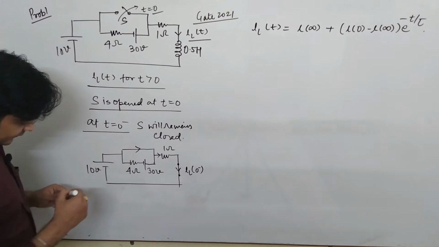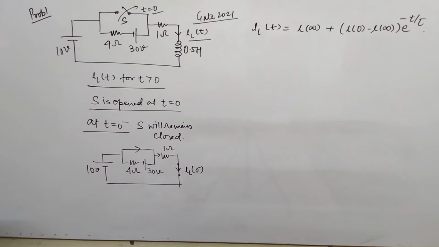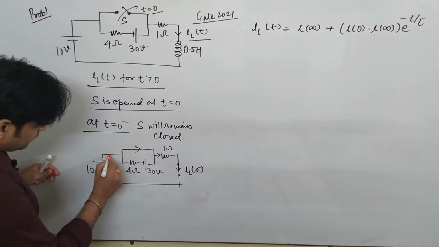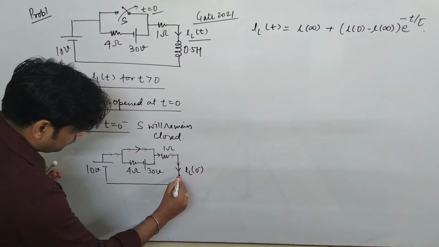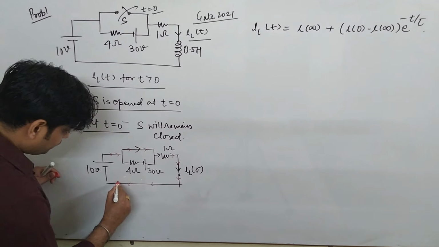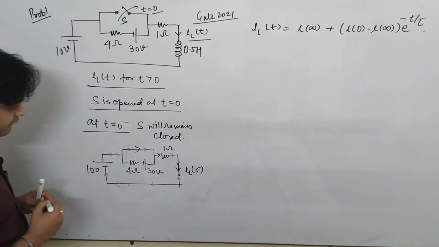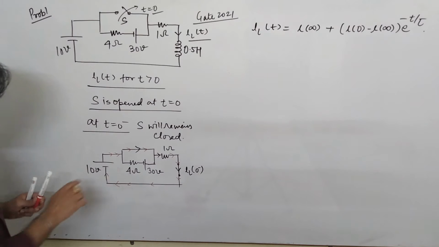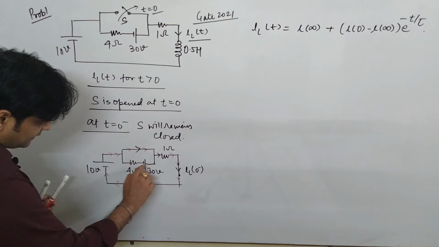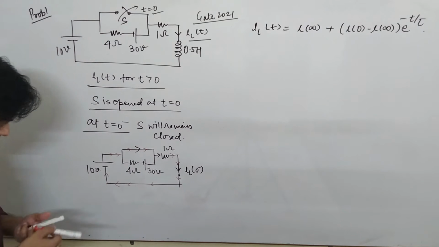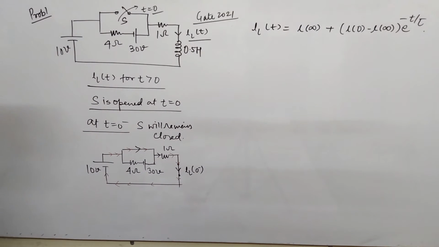If you apply this loop, a KVL here in this manner, you can find the value of IL0 negative. However, you can apply this also, but for applying this loop, you have to find this current also. So that will become again a cumbersome process.